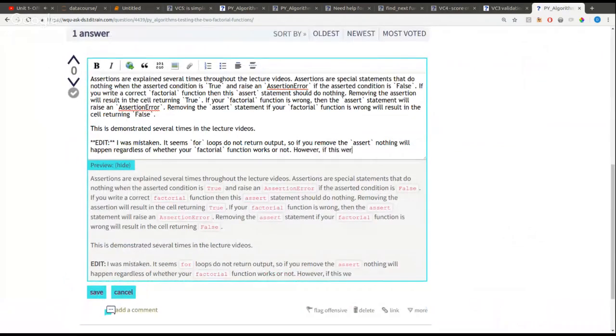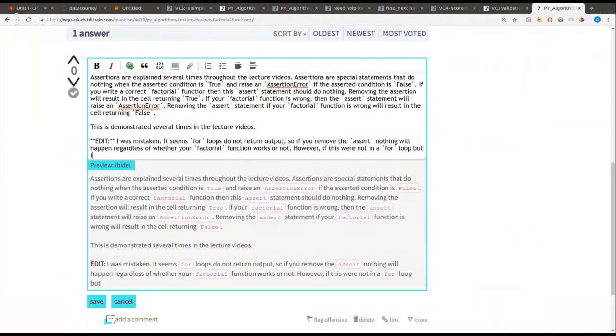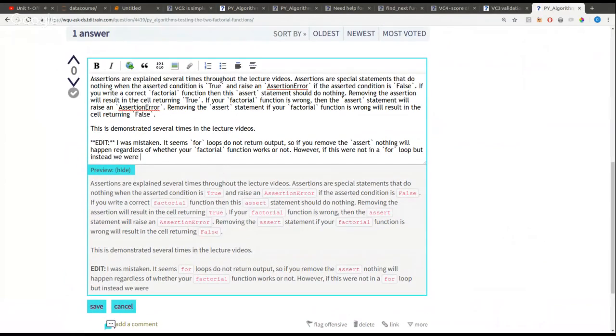However, if this were not in a for loop, but instead we were comparing the equality of the functions evaluated on a single number, then the above answer is correct.